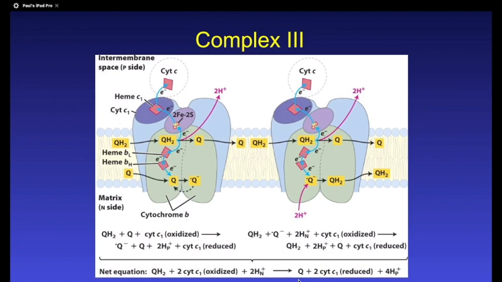Okay? First step is right here. Number 1. A QH2 that has 2 electrons, that's right, happy, comes in and binds. And so it is bound in step number 2. All right? And it binds into a pocket. Now, at this point in time, what's going to happen is 2 things.